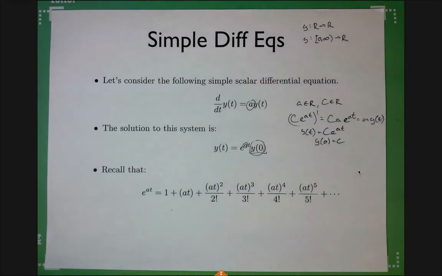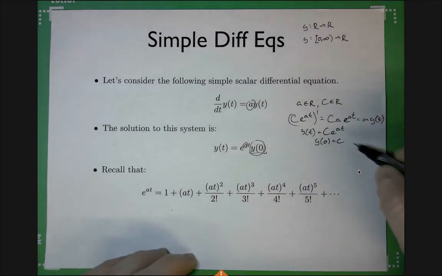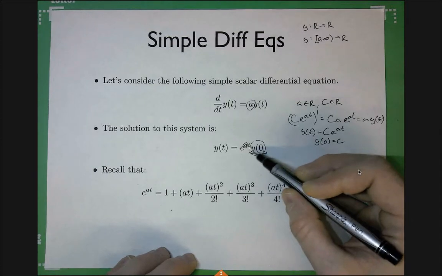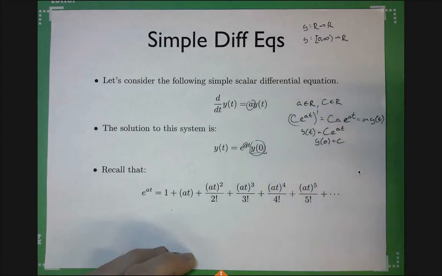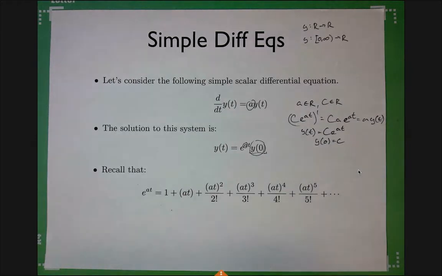Where do you lose c? We lose c because I say that c is defined by y0, and y0 is arbitrary. I guess you could twist it this way.